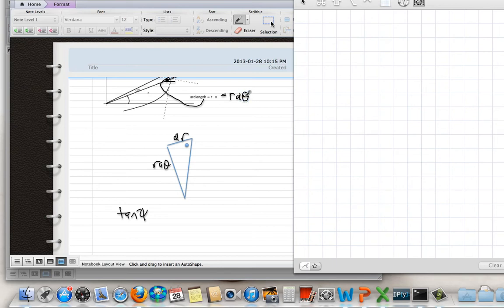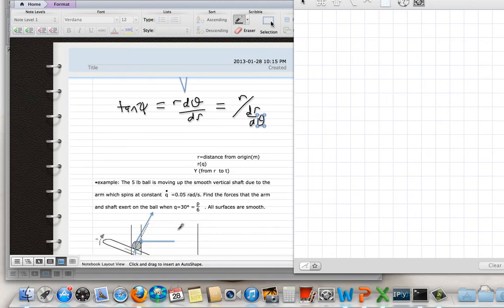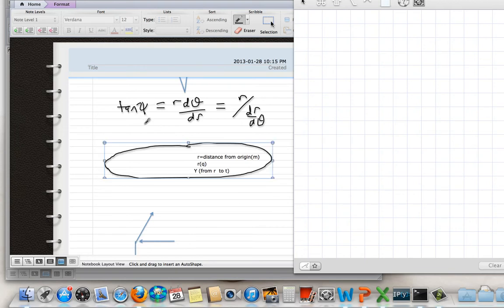So for tan of psi, we get opposite r d theta over adjacent dr. Since we usually know r in terms of theta, we write that as r over dr d theta. So that result there you can write in this box here. And it helps us find this angle, the radial tangential angle.